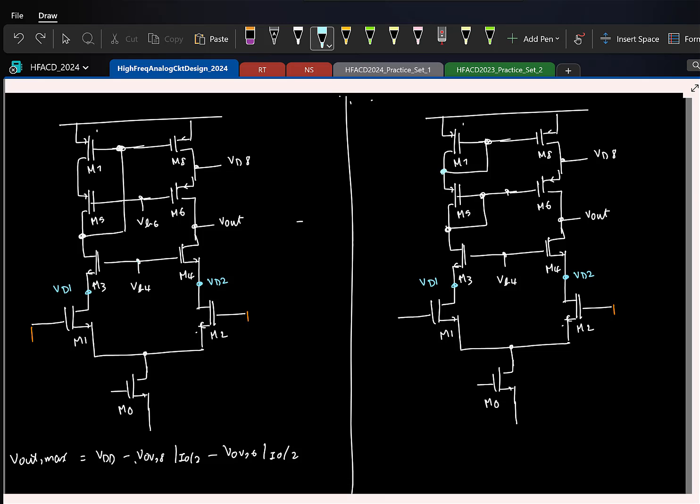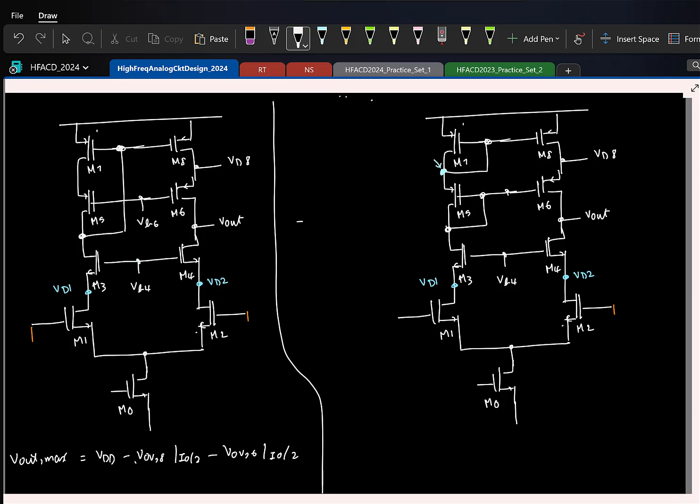So first of all, can you tell me what is this voltage, this guy? What is setting that voltage? It is set by the gate voltage of M7. So that is going to be VDD minus source to gate of M7 at a current I0 by 2. So what is this voltage which I am marking here?